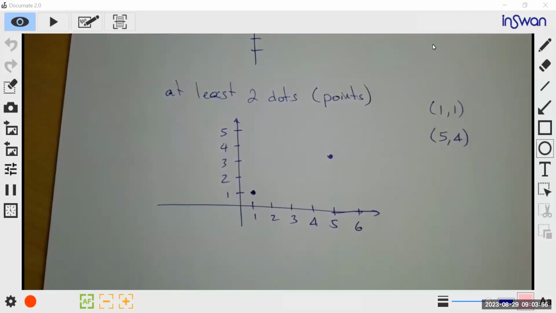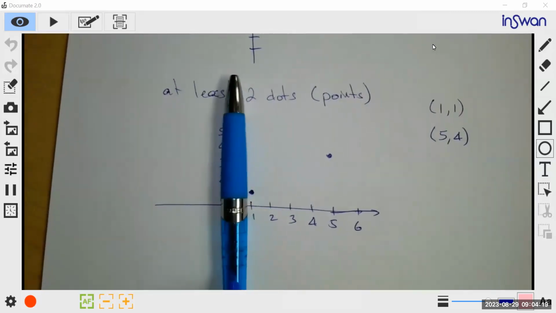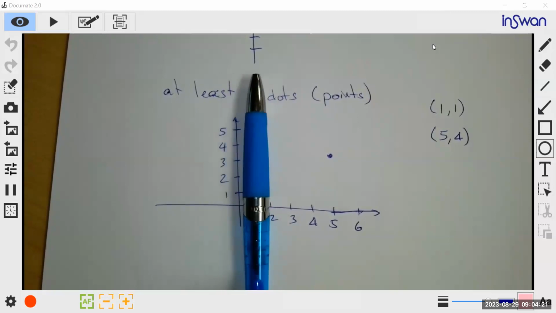Somebody asked yesterday, how do I know what the first point is? Because we have to name these points now because it helps us in the long run. Pretty much when you're naming points, from the origin, draw a vertical line, and as you go across the horizon, what's the first point you get to? 1, 1.